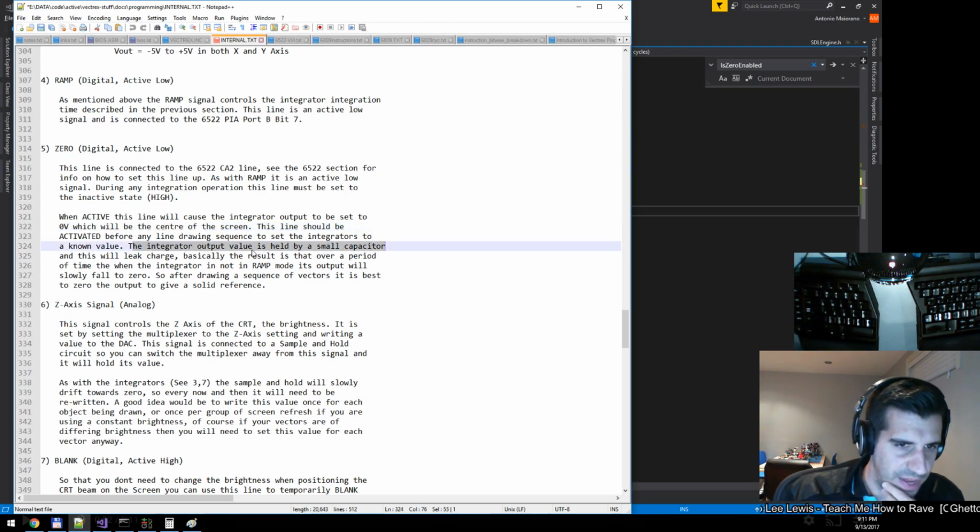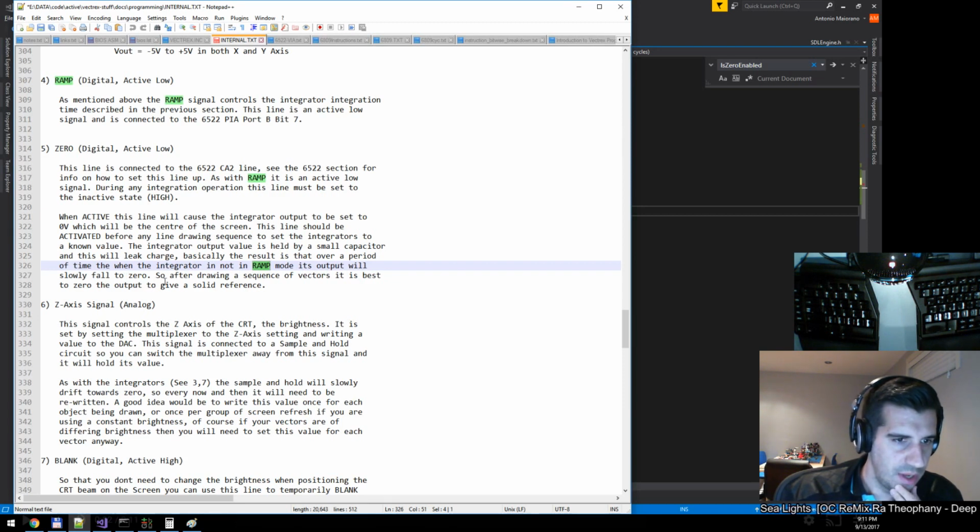The integrator output value is held by a small capacitor. And this will leak charge. Basically, the result is that over a period of time when the integrator is not in ramp mode, its output will slowly fall to 0. So after drawing a sequence of vectors, it is best to zero the output to give a solid reference.